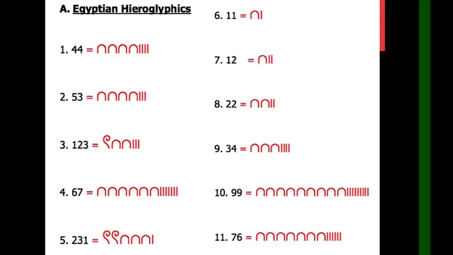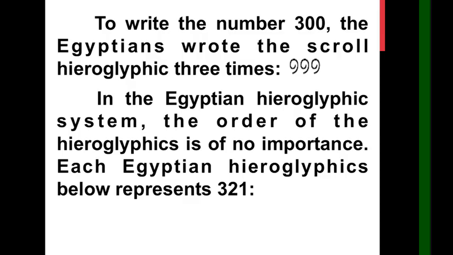So, pwede din ganito siya isulat. Ay, I'm sorry. Wala pala siya. So, ang 321, for instance, pwede mo siyang isulat as tatlong coil, and then 2 tens. How to write the tens?